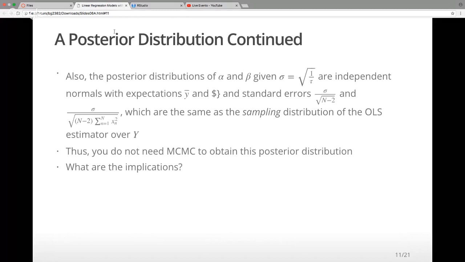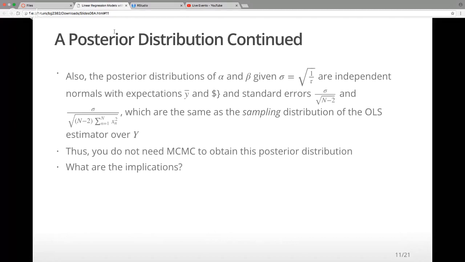Posterior distribution is what you should believe about the parameters if you had these priors and you see these data. The sampling distribution of OLS is something objective, the distribution that would hold if you could do this over and over and over again, albeit with the same x and a different y. But anyway, they are the same distributions, but they're not the same concept.